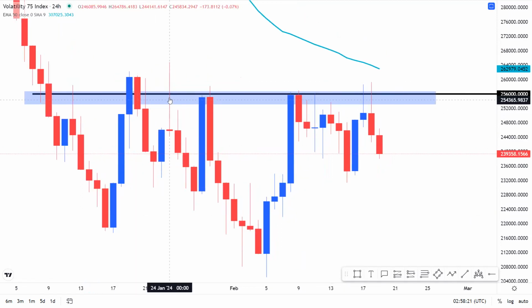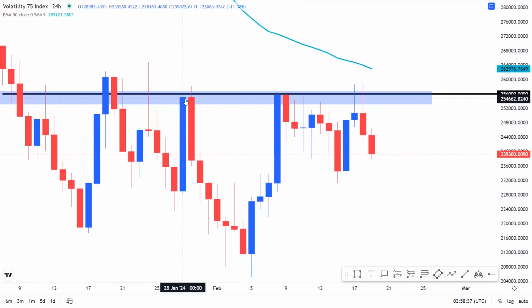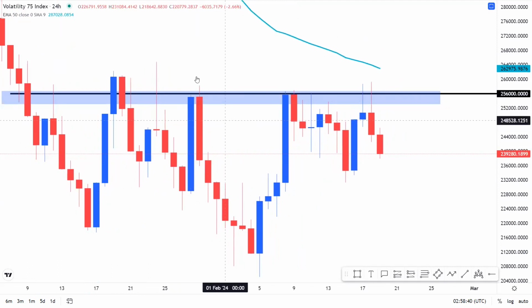We traded nicely into the level, had this nice rejection from the level, a daily candlestick close, and then of course the huge sell-off to the downside. Right here, what will you notice also? Rejection from the level, huge sell-off to the downside.